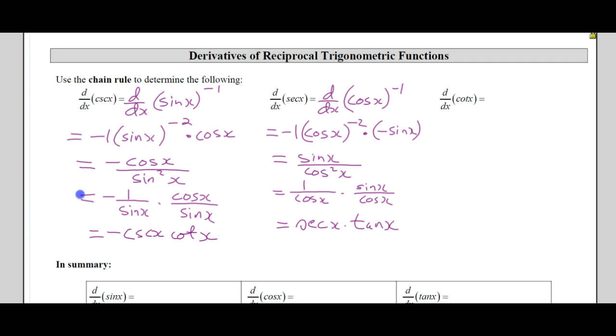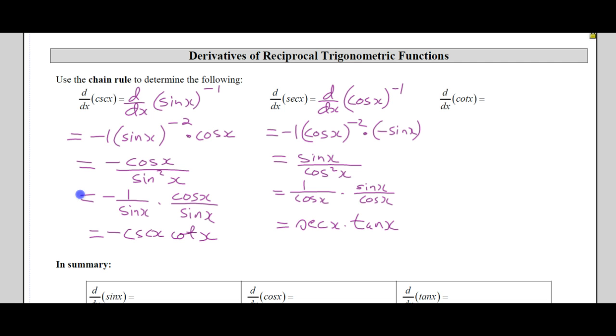And we can do the same thing with cotan x. And cotan x, you could do as, what's cotan? Cos over sine and then use quotient, but we're not going to do that, right? We'll just do, yep. Negative.